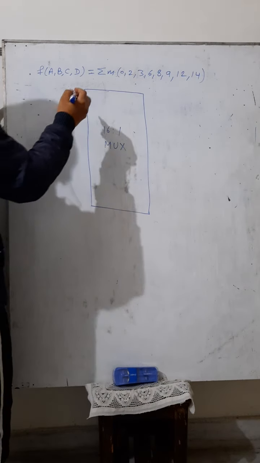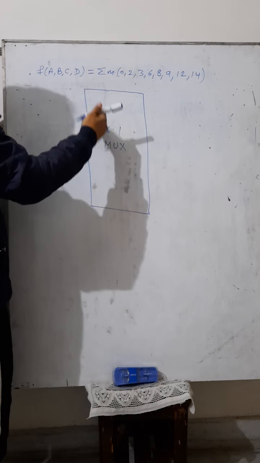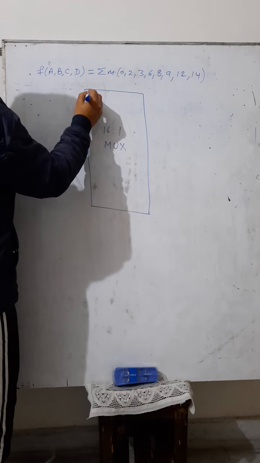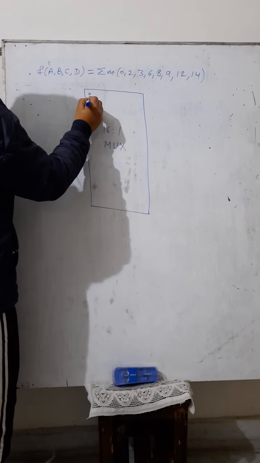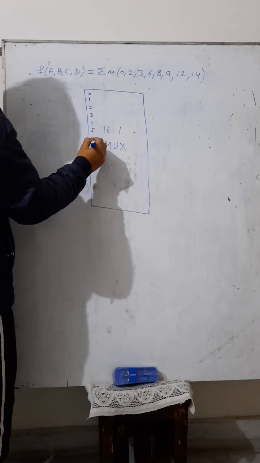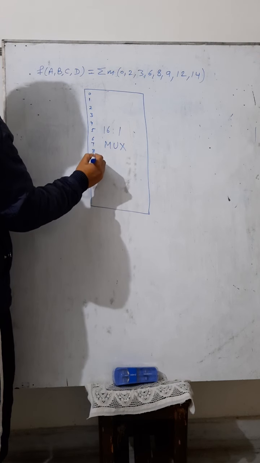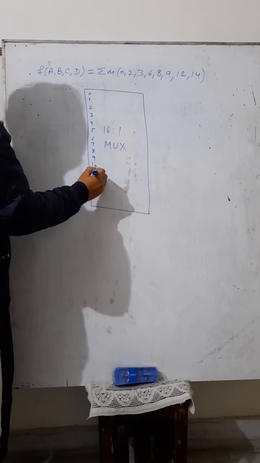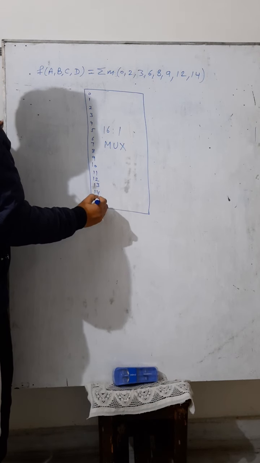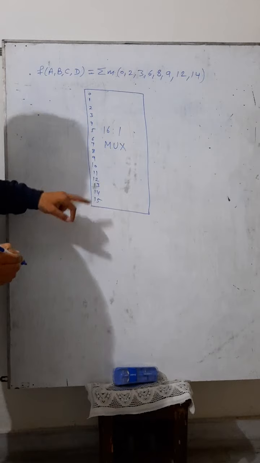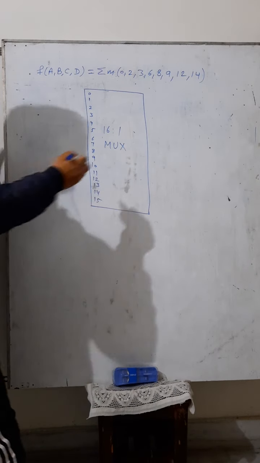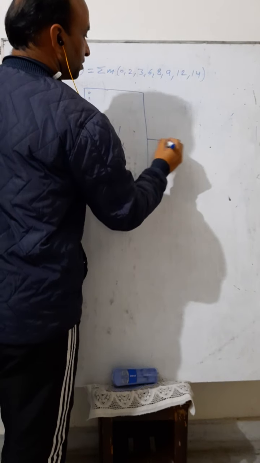In this IC the pin numbers are 0, 1, 2, 3, 4, 5, 6, 7, 8, 9, 10, 11, 12, 13, 14 and 15. 0 to 15 means 16 inputs, and only one output.